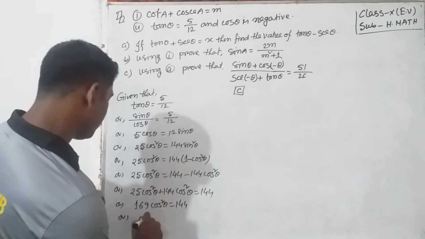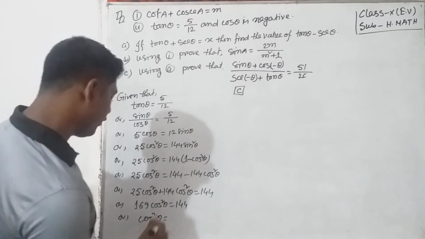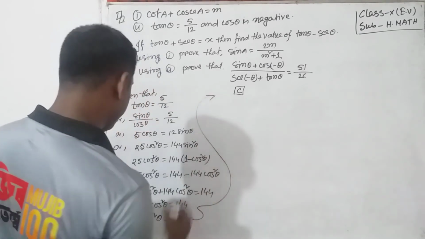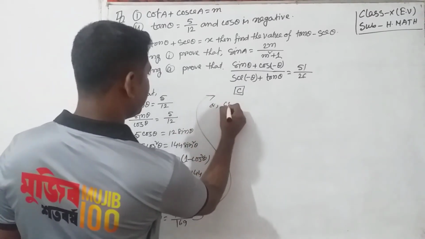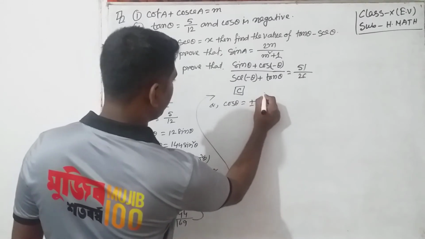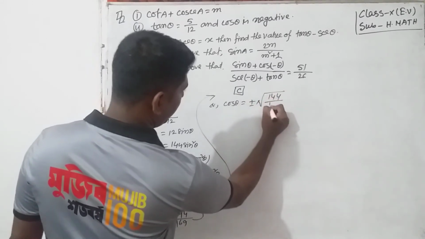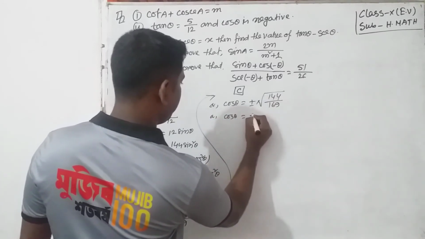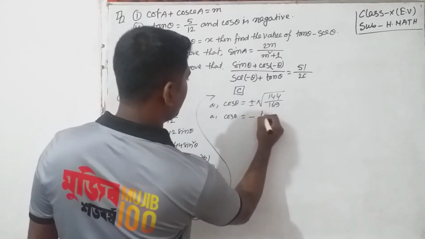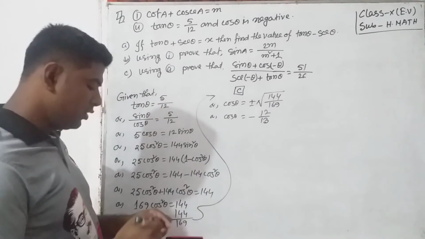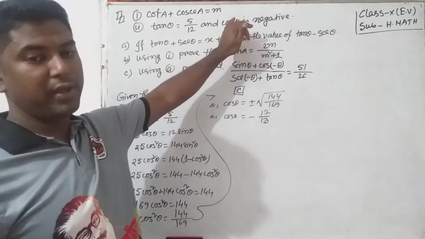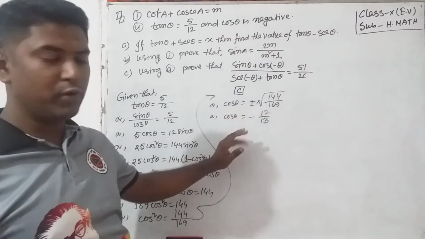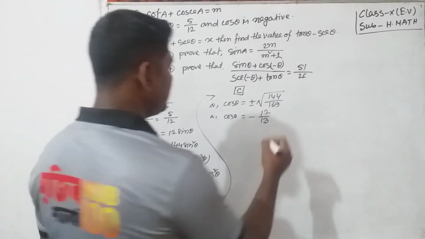So cos square theta equal 144 by 169, or cos theta equal plus minus root over 144 by 169, or cos theta equal minus 12 by 13, because here cos theta is negative, so we accept the negative value and do not accept the positive value.